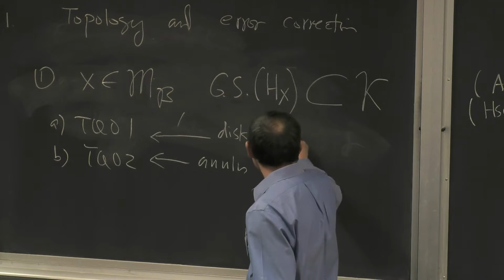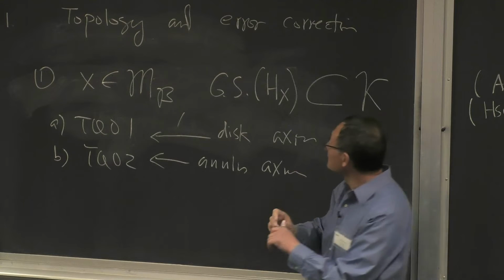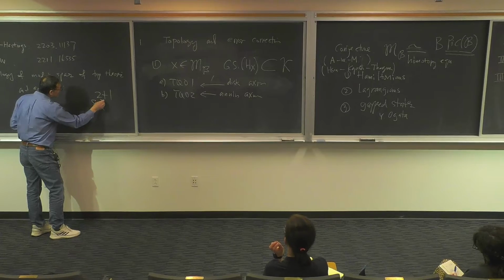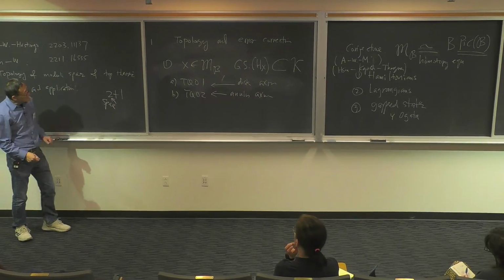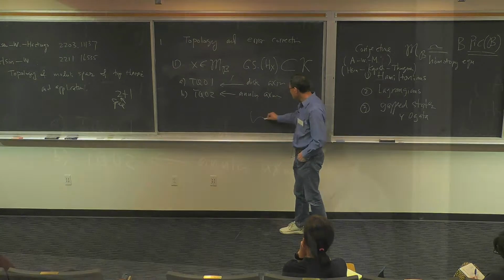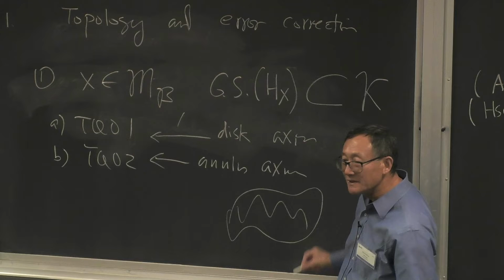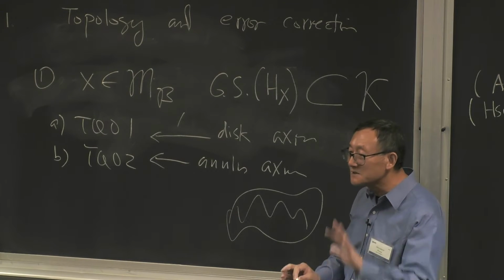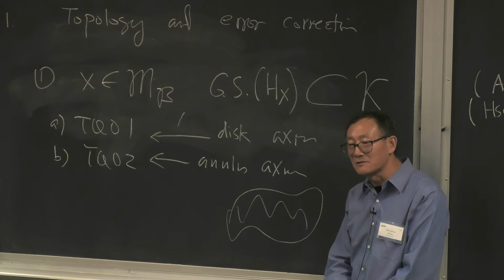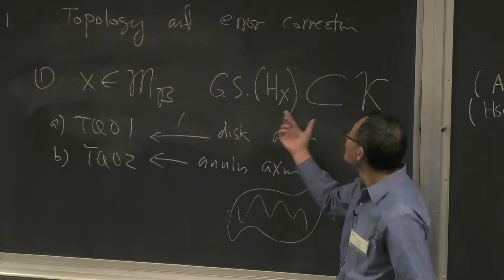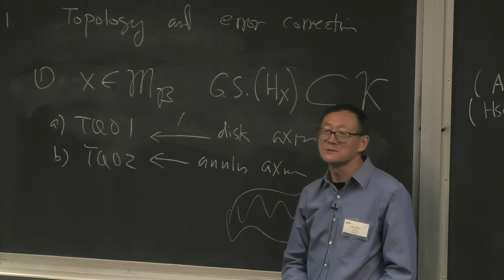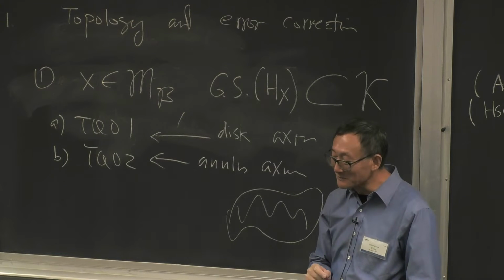So in the TQFT language, I'm only talking about 2 plus 1 dimension. So that's my space. If you take your 2-dimensional space, the disk axiom says, if you put your theory onto it, and as long as there is no topology, which means the piece of space is a disk topologically, you cannot get any state, just a trivial one-dimensional space. And that's basically the first condition of error correction. Basic error correction code means that this behaves as a one-dimensional space. So what is special about a one-dimensional space?